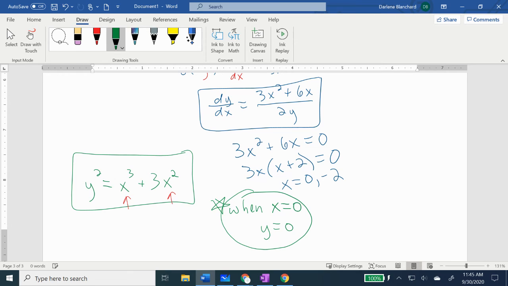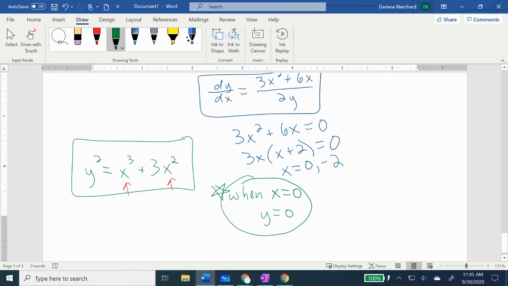Before I do that, I'm going to look at x equals -2. When x is equal to -2, I plug that in and I get the equation y squared equals -8 plus 3 times +4. -8 plus 12 is going to give me +4.